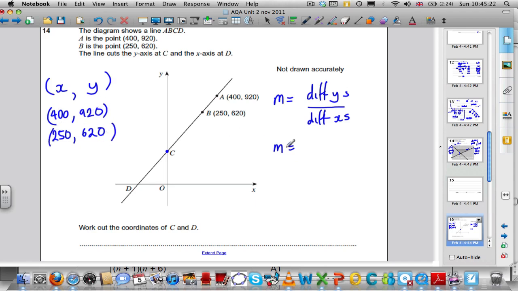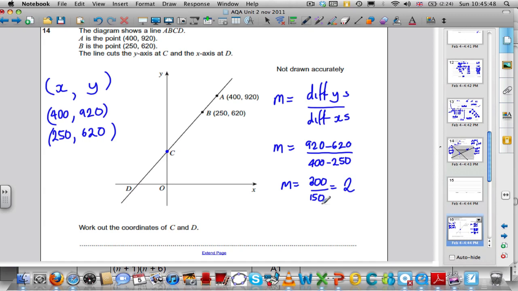So the difference in y's is 920 take away 620 divided by 400 take away 250. 920 take away 620 leaves us with 300, and 400 take away 250 is 150. So divide these two things and you get the gradient to be 2.